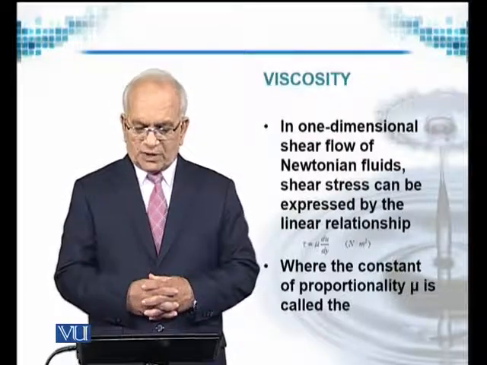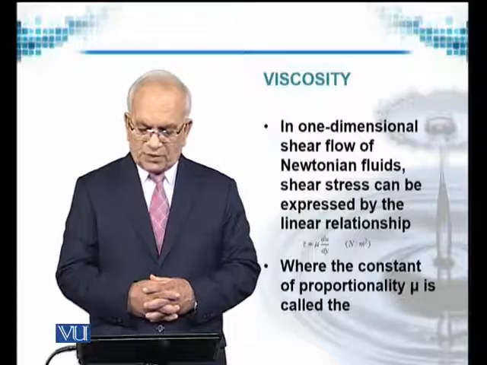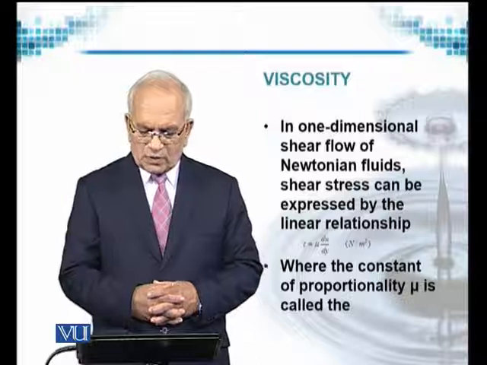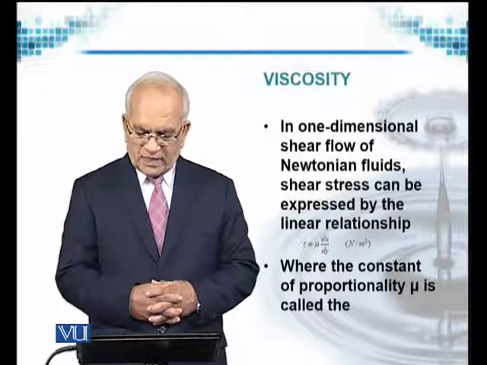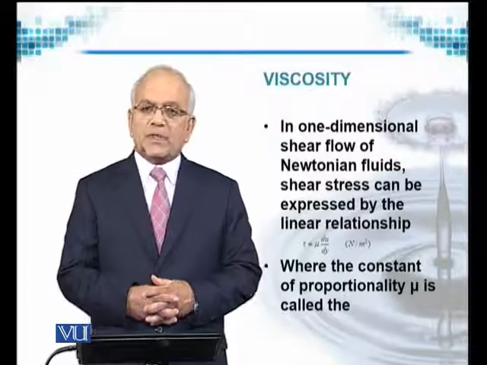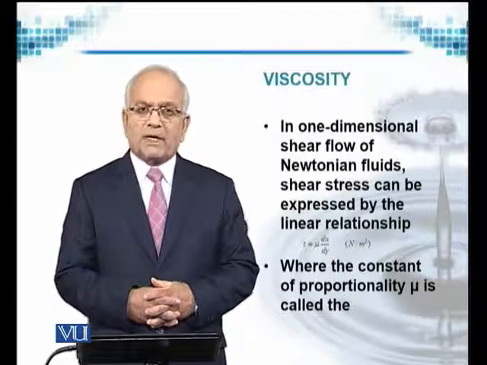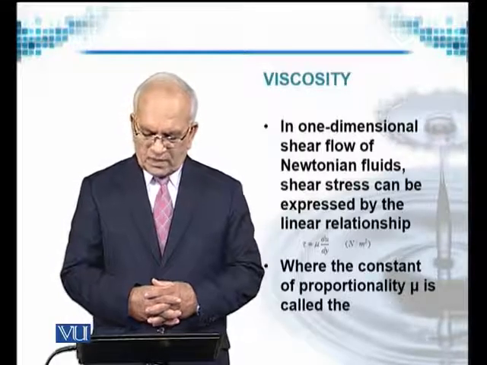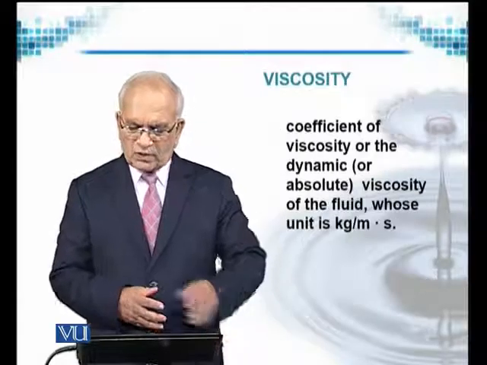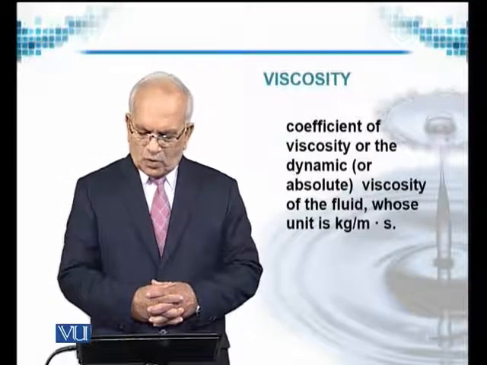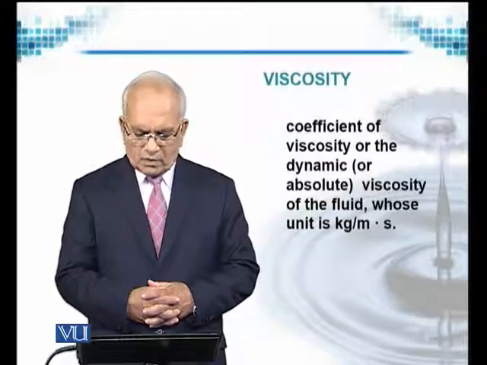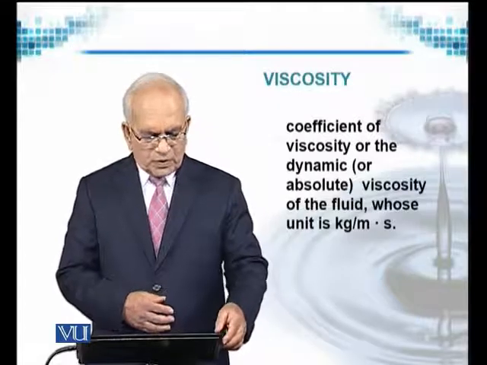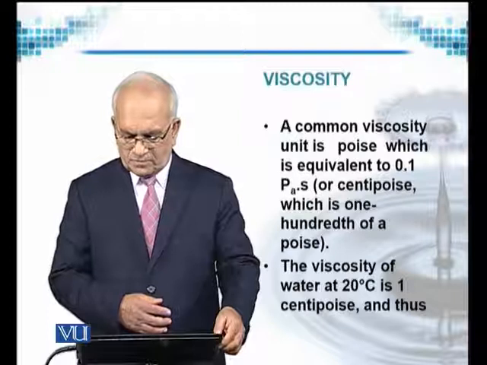In one-dimensional shear flow of Newtonian fluids, shear stress can be expressed by the linear relationship tau is equal to mu into du by dy, and its units are Newton per meter square. Now, the constant of proportionality here, mu, is called the coefficient of viscosity or dynamic viscosity of the fluid, whose unit is kilogram per meter second.